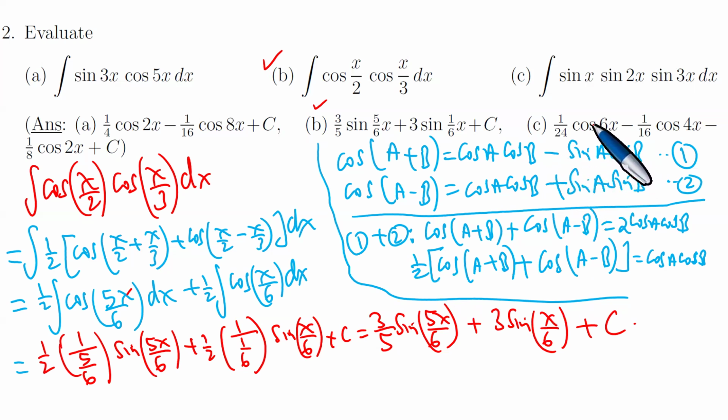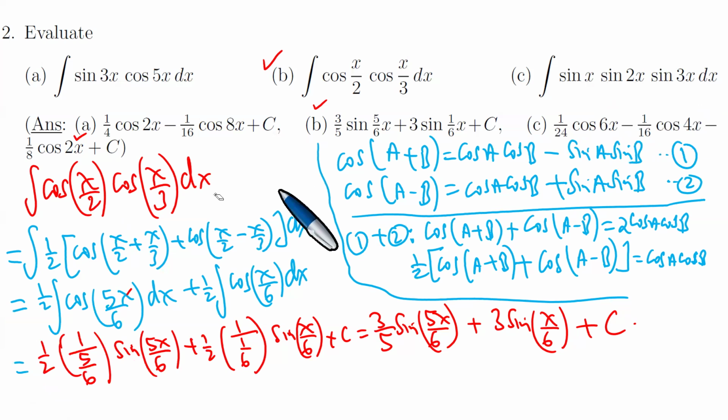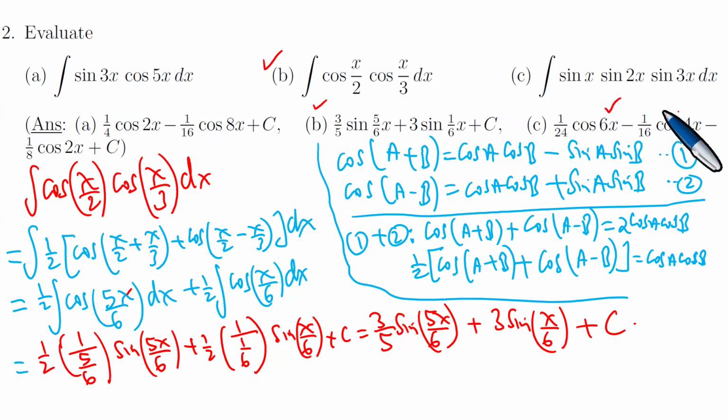So you'd have that this is a 6, and that's a 4, and that's a 2. So you have a 6 and a 4 and a 2. So you need to look at these and think very carefully and look at what you can do to solve this particular problem.